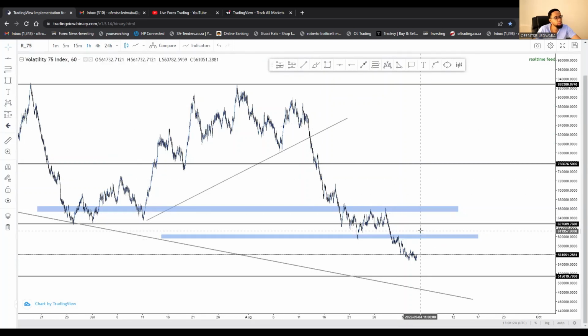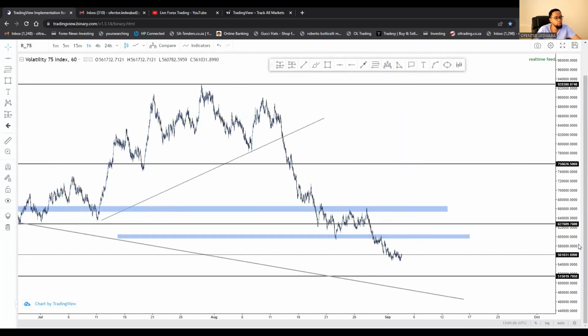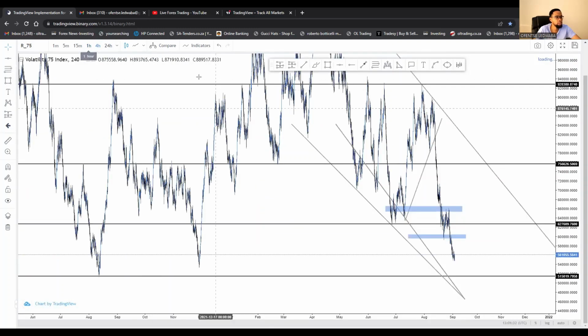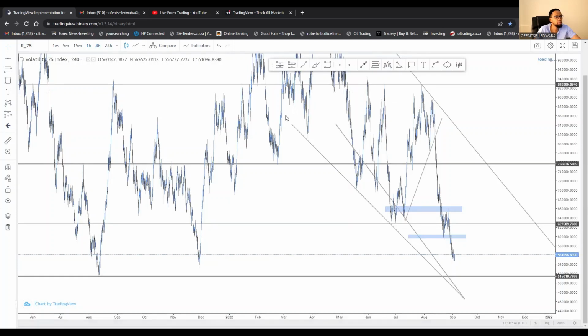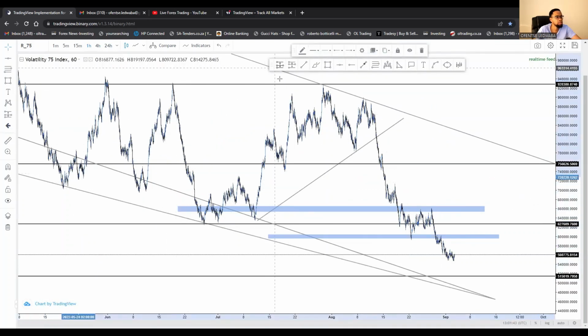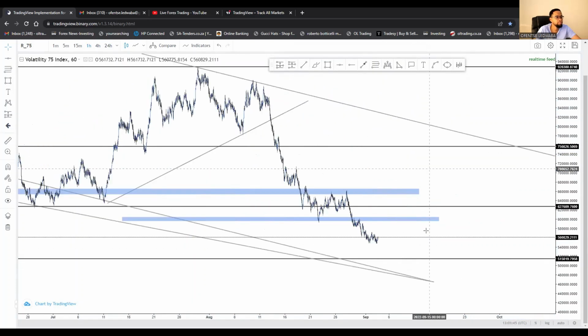So now we can see we are in a downtrend, but what I'm expecting to see happen here, and that line come back now, please. Okay, come back on 1 hour so that we can work. Here's this one.